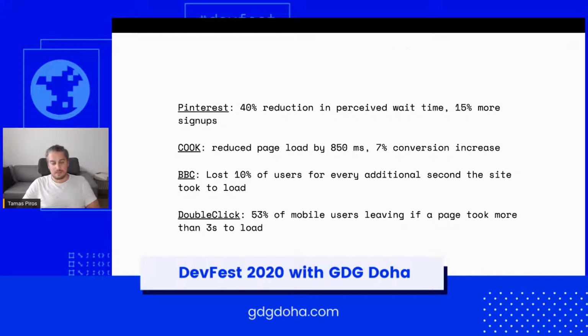I think BBC is one of the most visited websites in the UK, which means that they just can't afford to lose 10% of the users. And what we're talking about is per second, right? So basically, it's like 10%, 20%, 30%, 40%, and you just keep on losing, right? So they can't afford to do that.